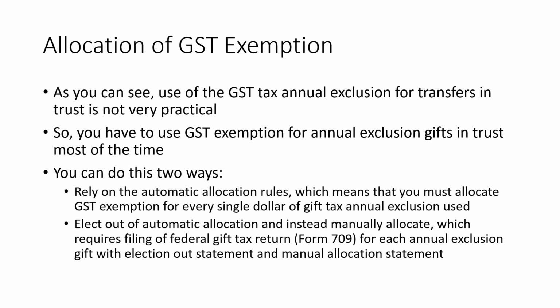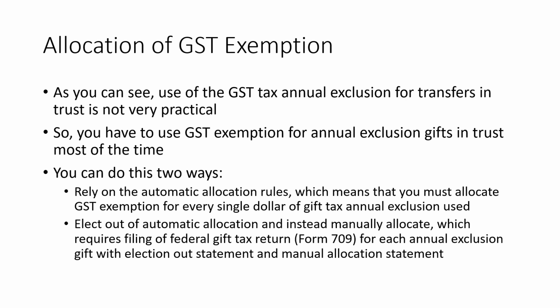So there's a couple ways we can do this. One is we can rely on the automatic allocation rules, which essentially means that for every dollar of gift tax annual exclusion that you use, that dollar amount of your GST exemption will be automatically allocated to the trust. Now, if you didn't want to have every dollar automatically allocated, you could also elect out of the automatic allocation rules and instead manually allocate, which now requires you to file a federal gift tax return, Form 709, which you otherwise would not have had to do prior to this for just the gift tax annual exclusion.